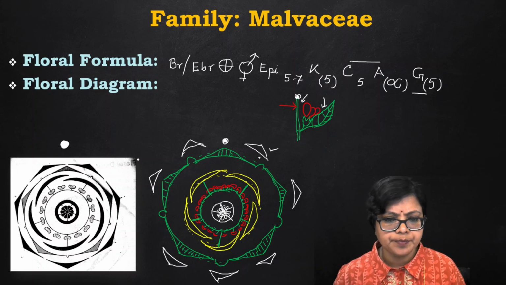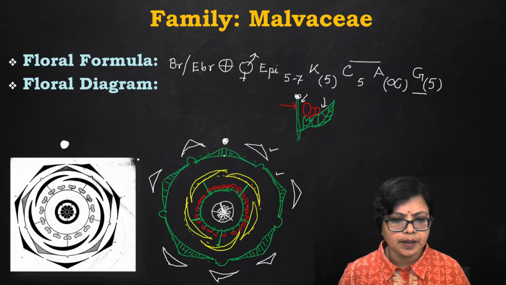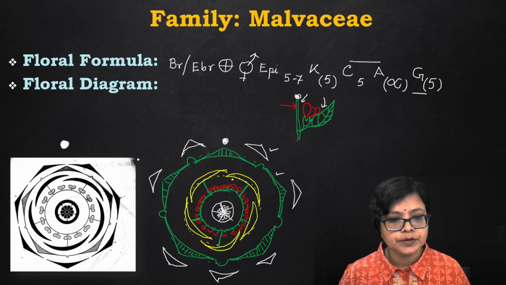This represents the epicalyx, 7 in number, free from each other. Then the green color represents the calyx, number of sepals 5, and valvate estivation, united, gamosepalous.